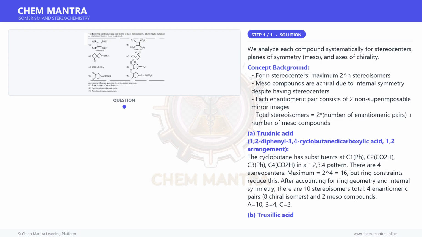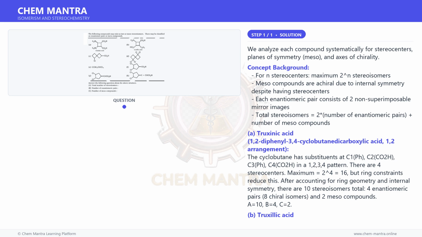Maximum is 2^4 = 16, but ring constraints reduce this. After accounting for ring geometry and internal symmetry, there are 10 stereoisomers total, 4 enantiomeric pairs, 8 chiral isomers, and 2 meso compounds. A is equal to 10, B is equal to 4, C is equal to 2.